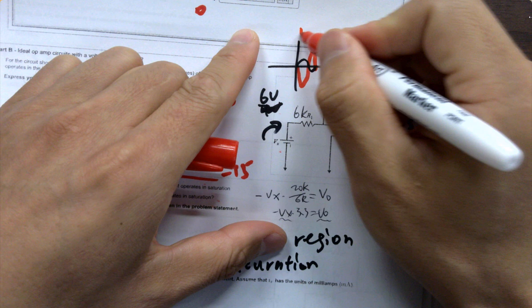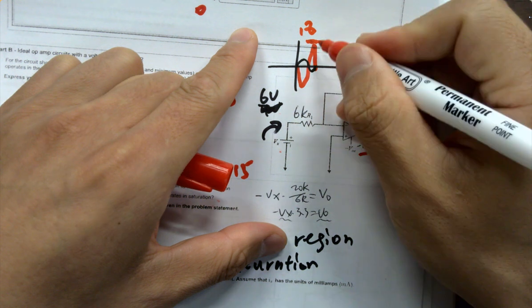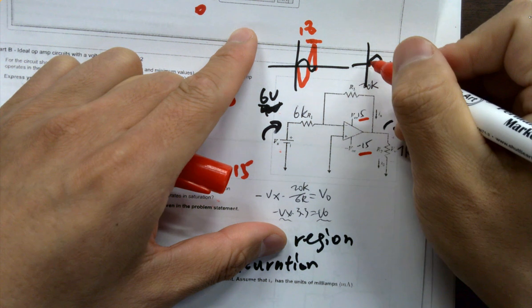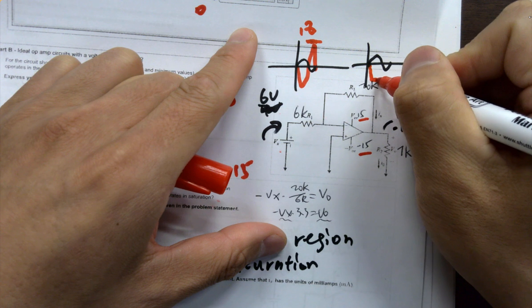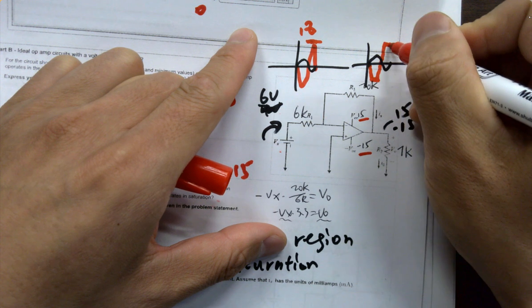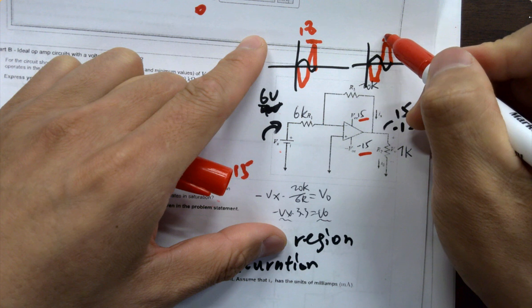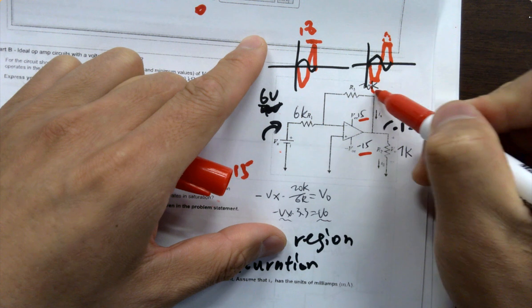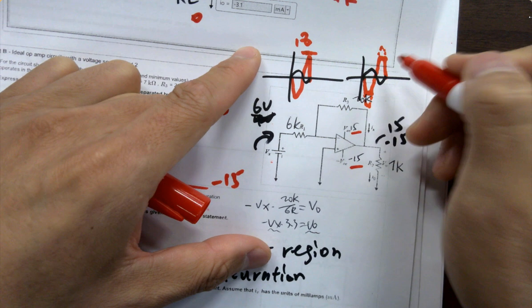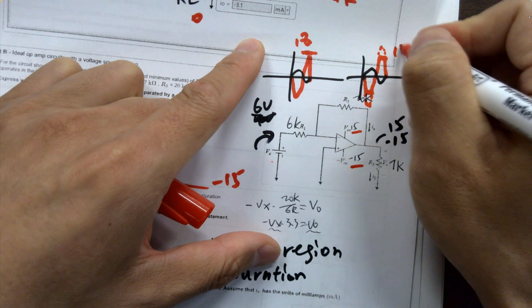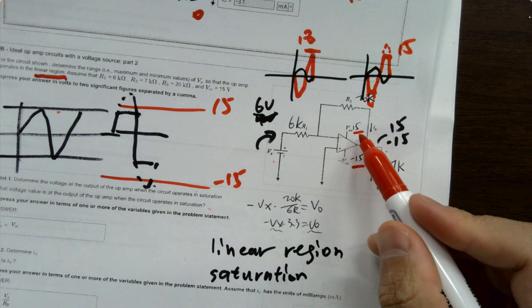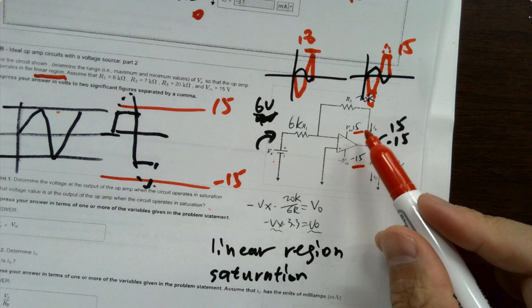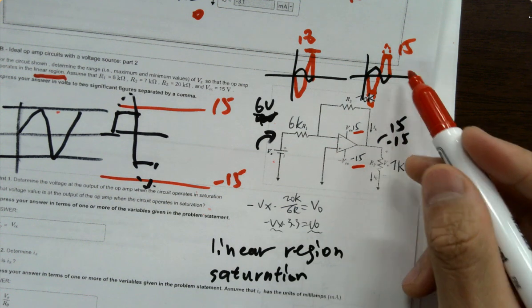For example, this is 18, and it won't reach 18 because it's going to saturate at 15. So it won't show this entire sine wave. You are losing signal because it's getting saturated at 15, since the circuit cannot provide anything above 15 or lower than negative 15. So this is what's going to happen.